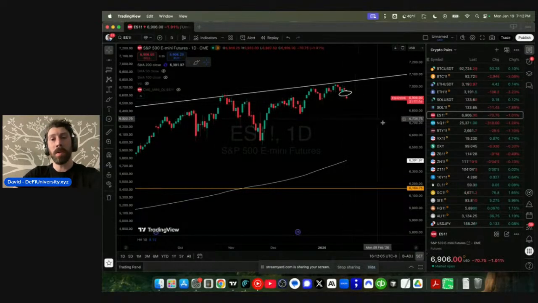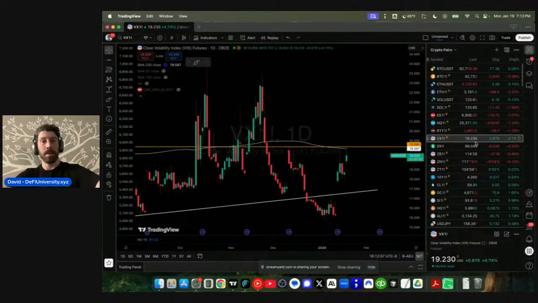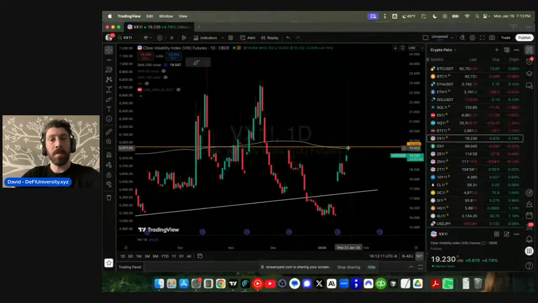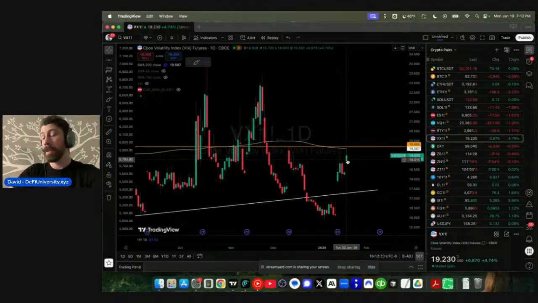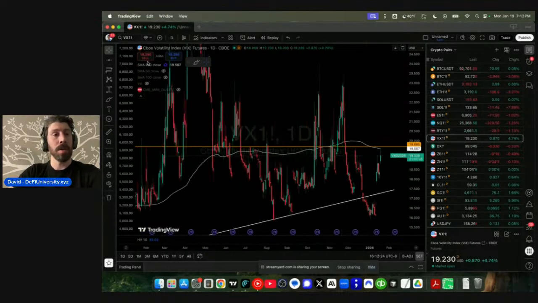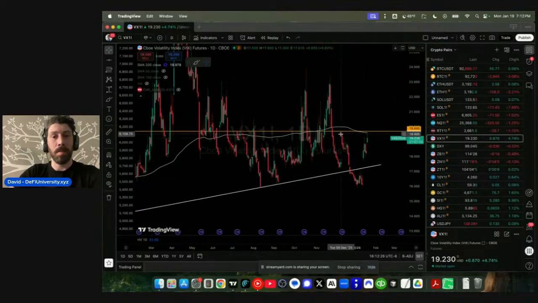So if you marry that with the VIX, so volatility starting to push higher again, we've got vol up here. VIX futures almost touched a 20 handle. In fact, 1970 got really close to pushing above 20. And so notice we've got this little bit of a double top that has formed.